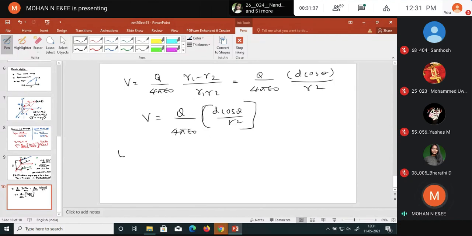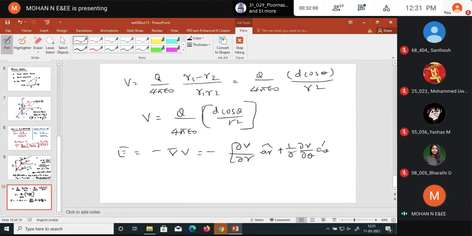Now to find E, you can take the negative of the gradient of V. The gradient of V is nothing but dou V by dou R A_R cap plus 1 by R dou V by dou theta A_theta cap plus 1 by R sin theta dou V by dou phi A_phi cap.